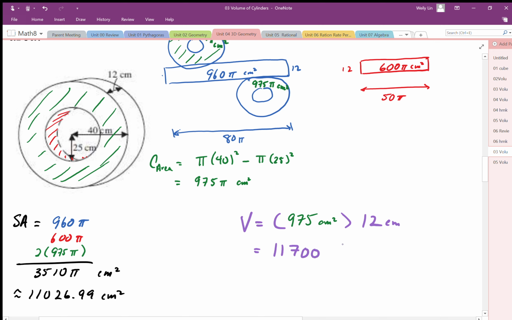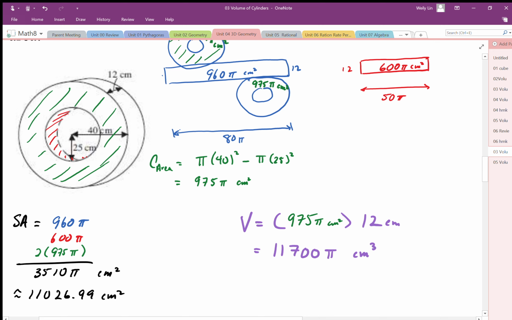So the area of that surface is 975 centimeters squared times 12 centimeters of thickness, and 975 times 12 gives us 11,700 centimeters, or pi centimeters squared. Sorry, I forgot to put the pi into this here. So 975 pi centimeters squared, and this is going to give us centimeters cubed.